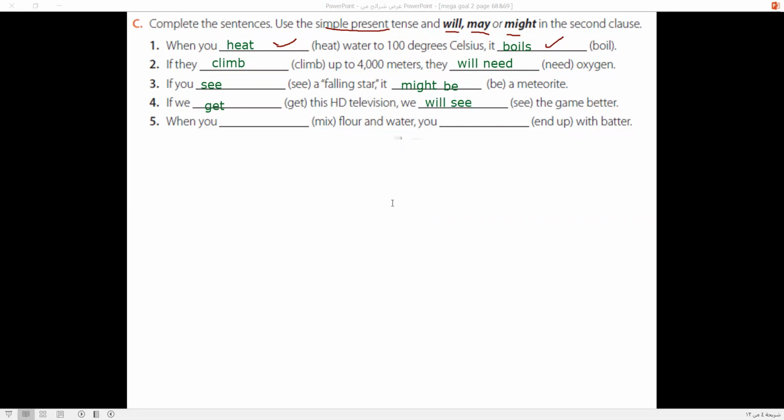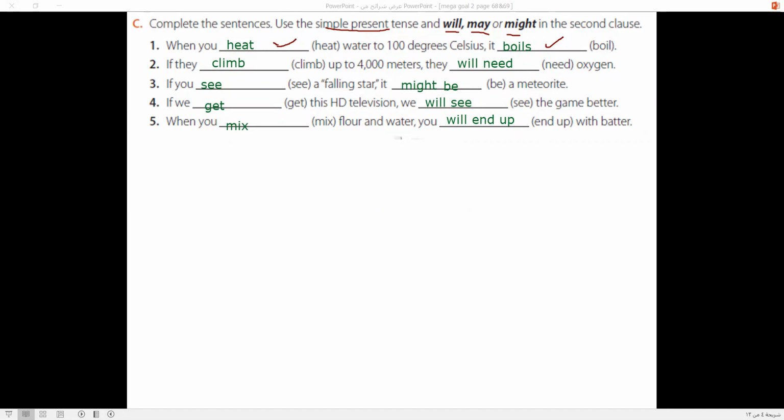Number 5. Radin. Yes, teacher. When you mix. Very good. When you mix flour and water, you will end up. Very good. You will end up with butter.